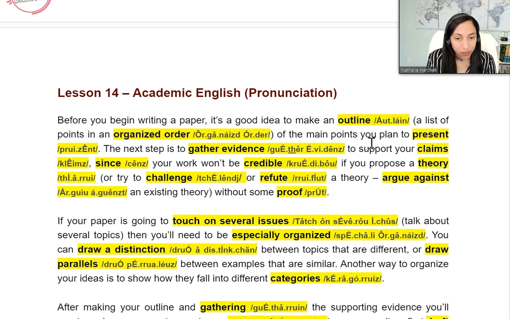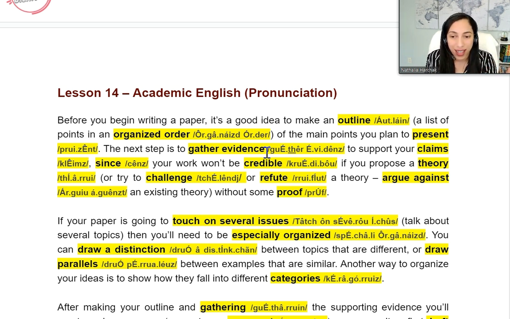So listen. Outline, outline. Organized order, organized order. Present, present. Gather evidence, gather evidence. Claims, claims.